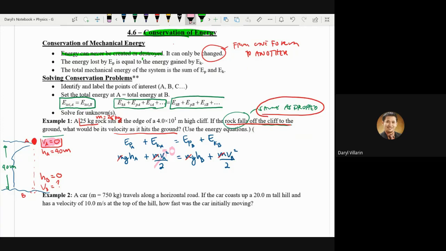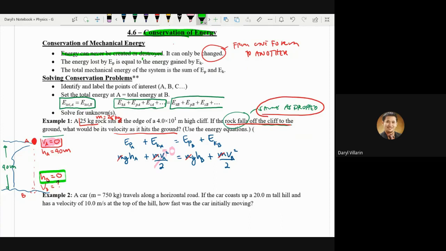And then the height at B, at the bottom of the ground, is equal to 0. Since you set point A as the 40 meters, that means the bottom part would be 0, because again, the distance between the 2 points A and B is 40 meters.